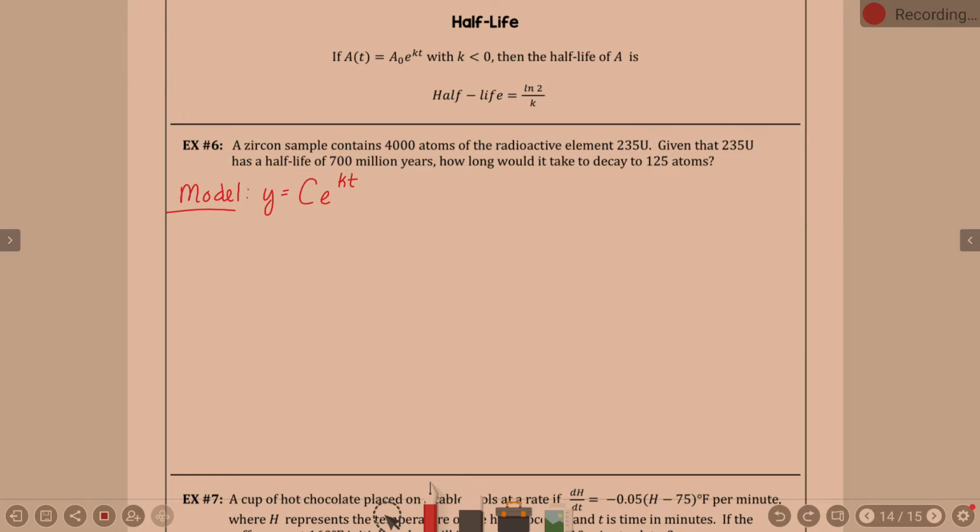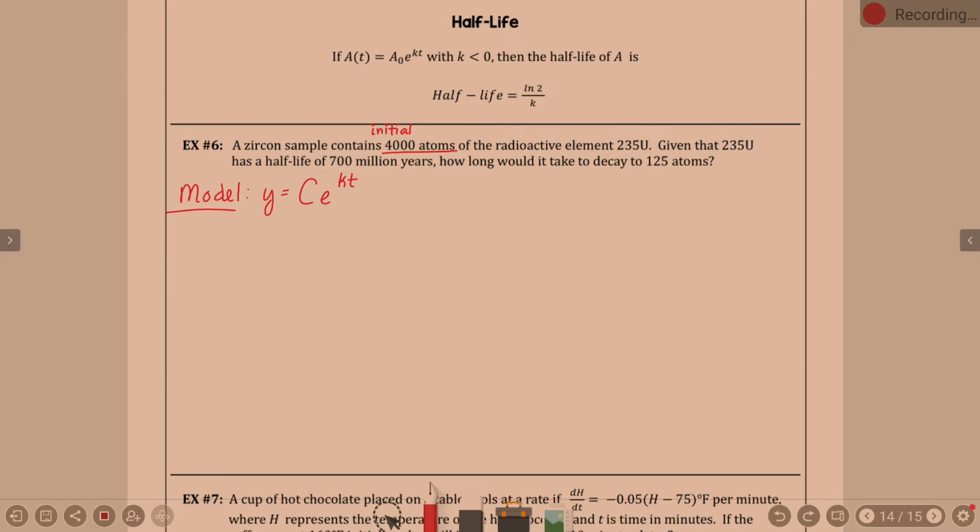Okay. Let's see. What do we know? The sample contains 4,000 atoms. So what is that? That is my initial value. If that's my initial value, and we're just using this basic model, now you start throwing in other pieces, adding, subtracting stuff, I can't do this.